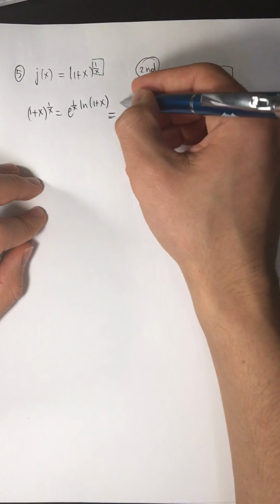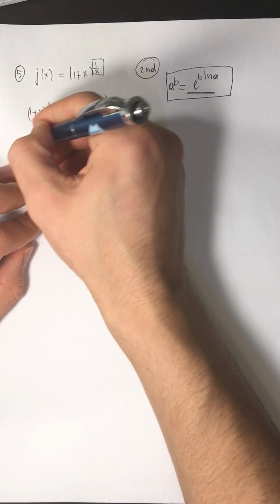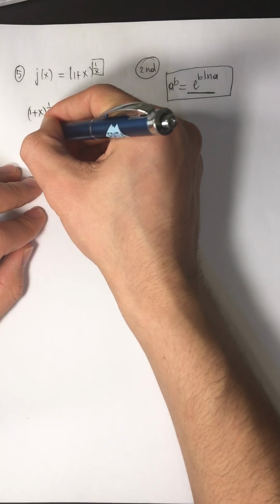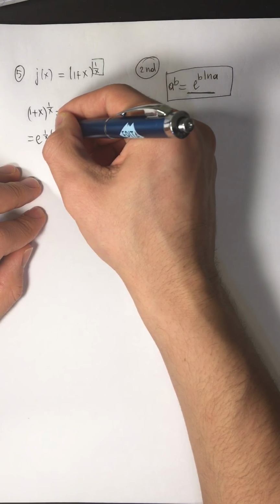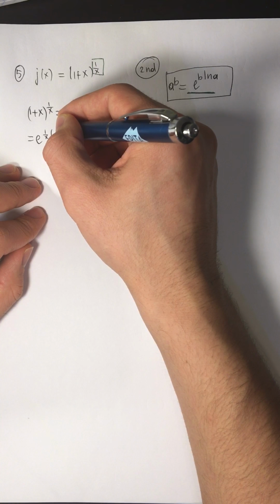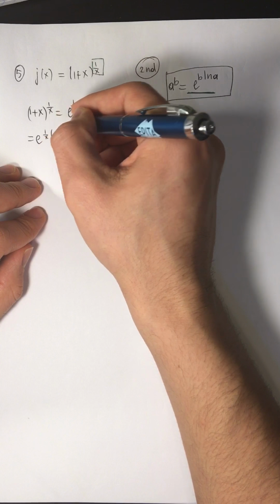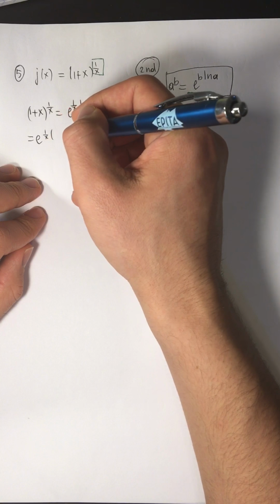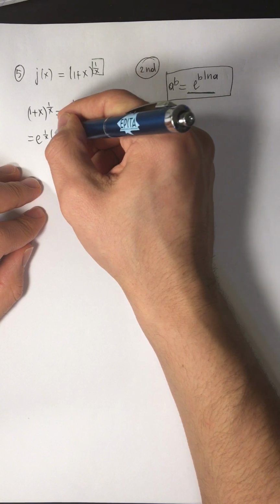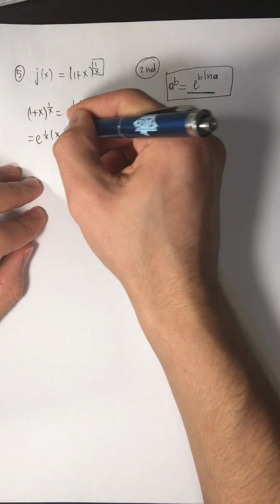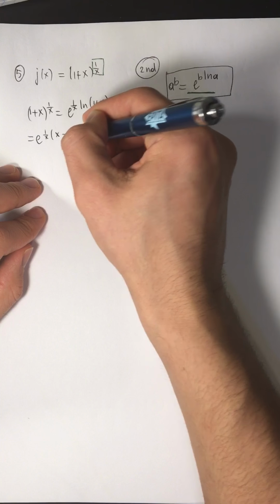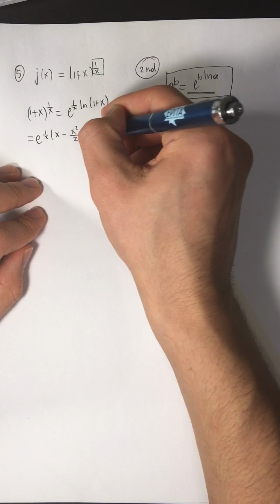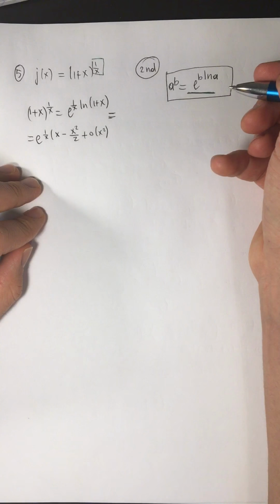Because we need the second order, we just need to write e to the 1 over x, and here we need o(x squared). We just need to write the second order, and that is x minus x squared divided by 2 plus o(x squared), right?